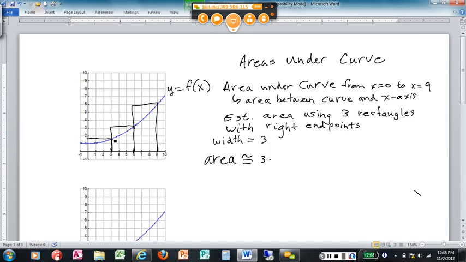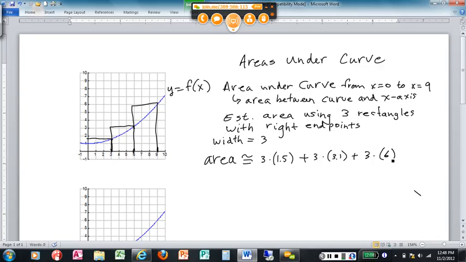Is that the value right there? 1.5, thereabouts. Sounds good. And then the second rectangle is 3 times whatever height it is, which looks like it's just above 3, so 3.1, 3.2, something like that. And then the third rectangle is a 3 by, is it right at 6?